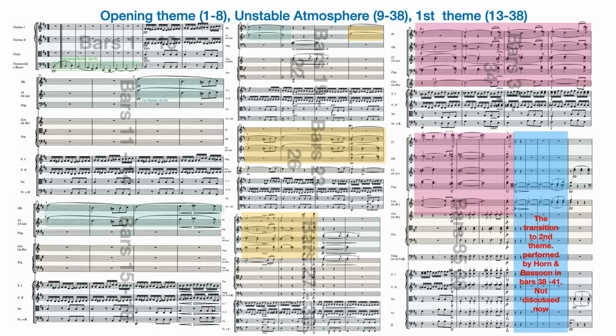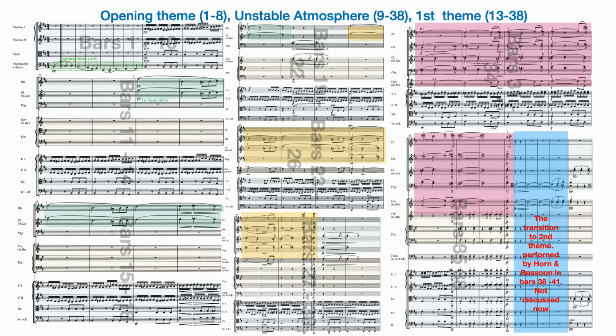The current journey consists of three major components. The first one is the high string, which is in bars 9 to 38. It's performed by the first and second violins.